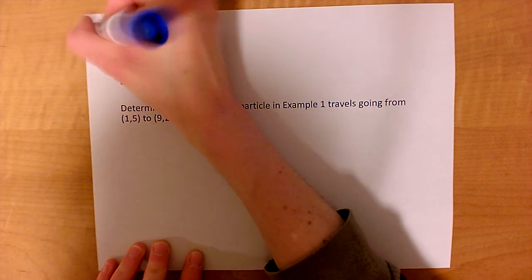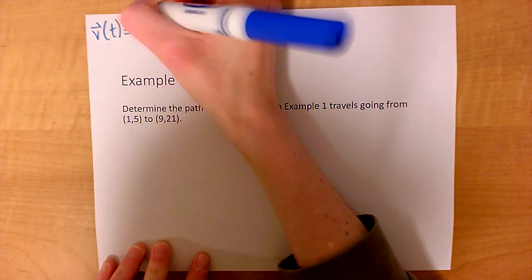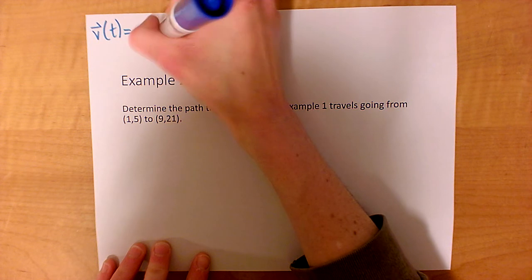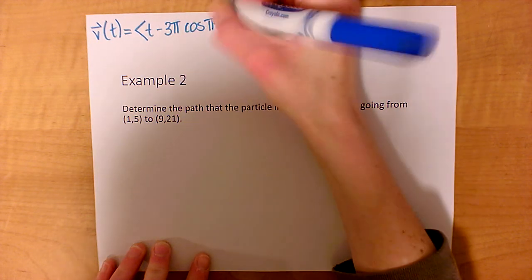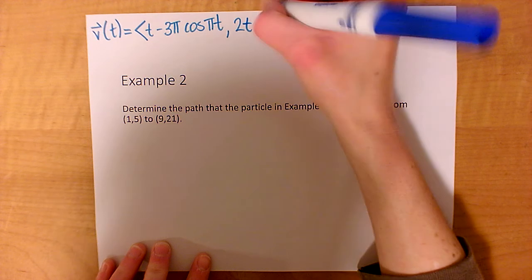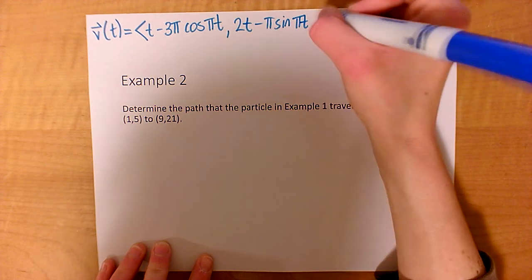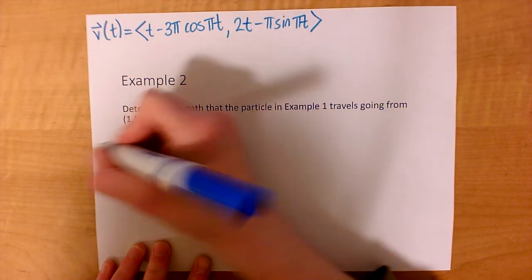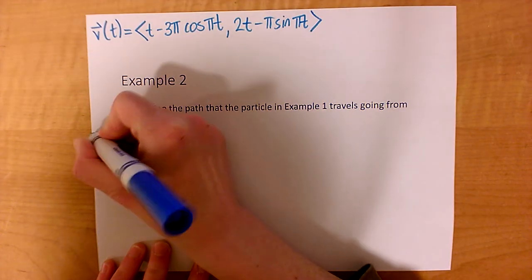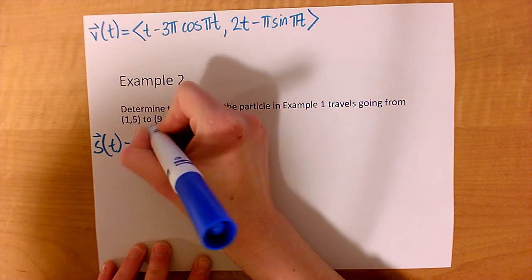So we've got to do a little work before we plug this into our calculator. We know from what we were given and what we figured out in the previous problem, our velocity vector is t minus 3 pi cosine pi t, and then 2t minus pi sine pi t. Okay? Now, our position function, s of t, our position vector, is the antiderivative of that.